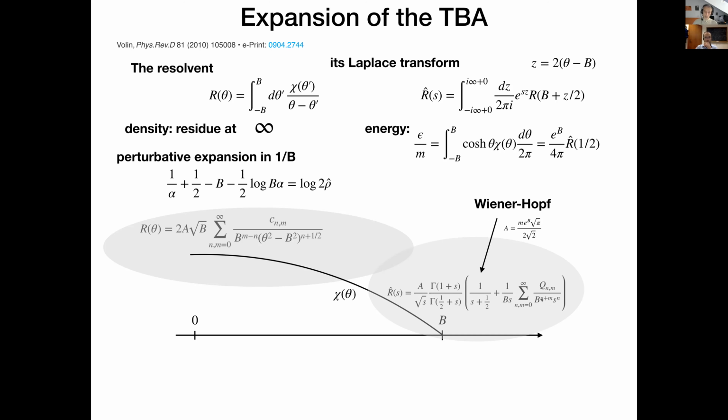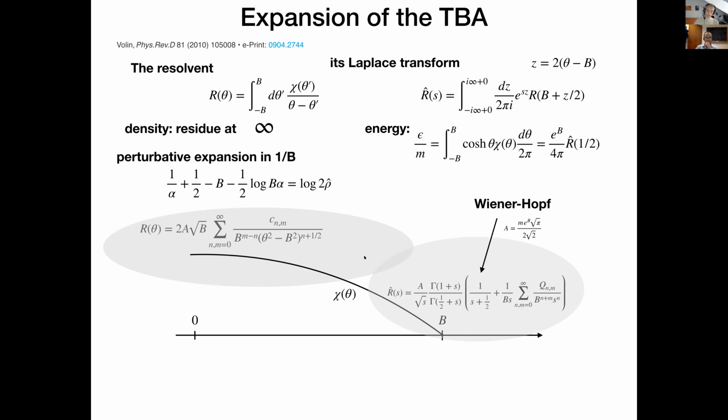So basically you have two ansatz. You have one ansatz for this resolvent as a function of theta in terms of the c and m coefficients. On the other hand, you have an ansatz for the Laplace transform of the resolvent in terms of the q and m coefficients.